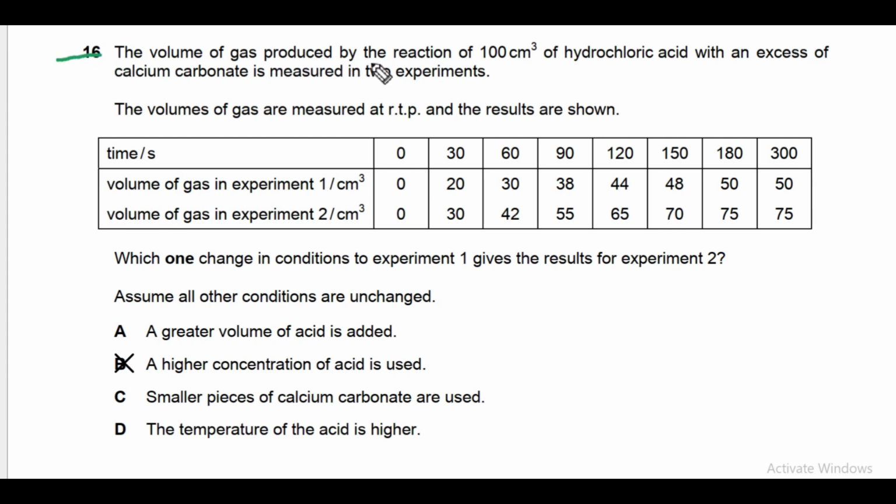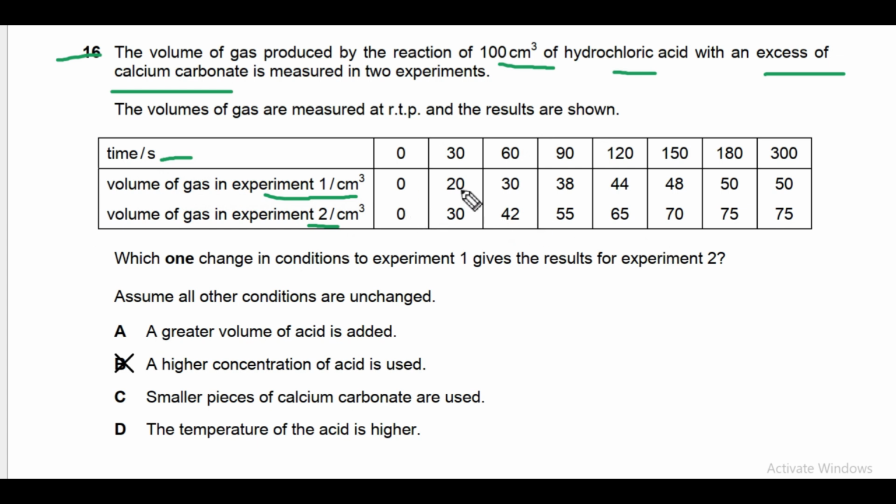The volume of gas produced by the reaction of 100 cm³ hydrochloric acid with excess calcium carbonate is measured in two experiments. The volumes of gases are measured at RTP, room temperature and pressure, and the results are shown. Time, volume of gas in experiment 1, in experiment 2.